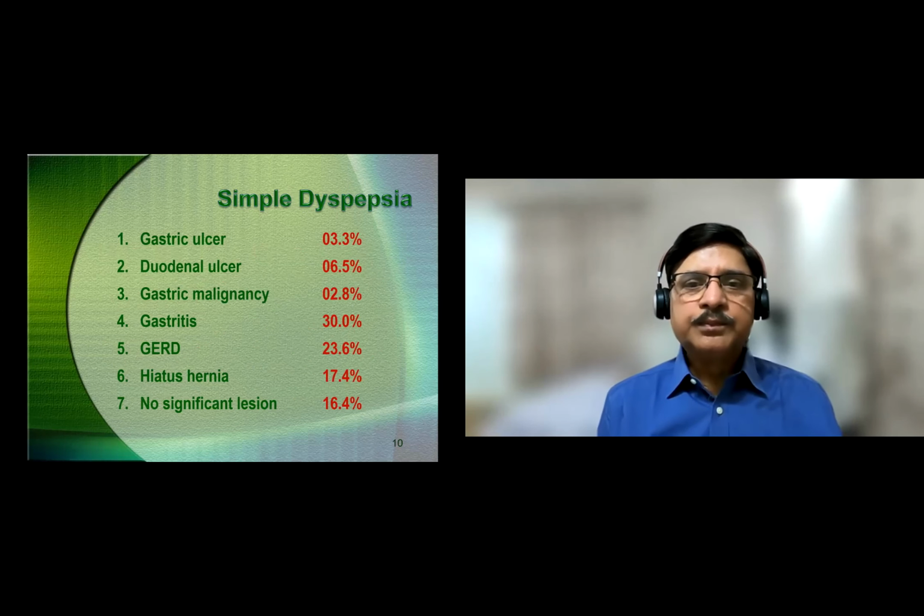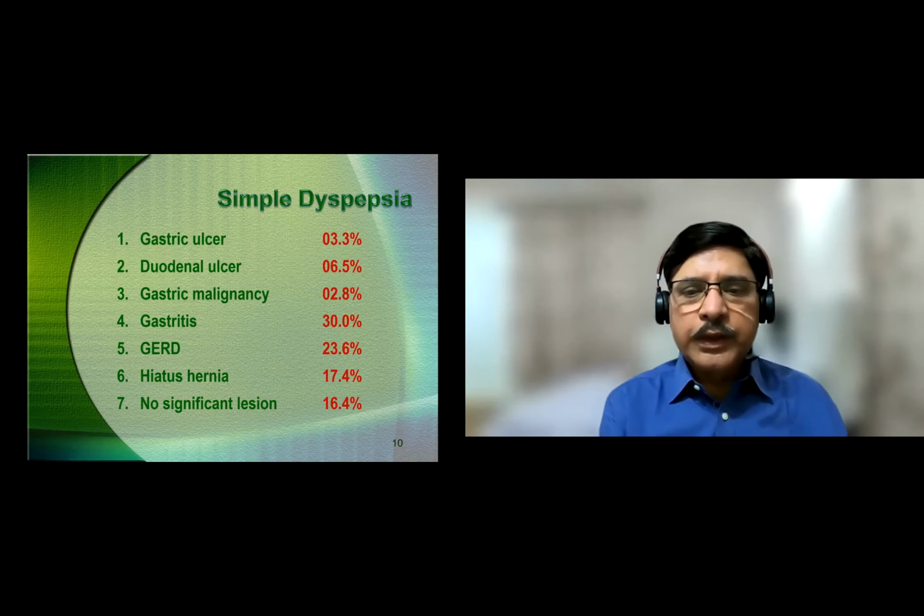Okay. This is based on a large endoscopic study of simple dyspepsia. Look here, 30% are chronic gastritis, another 25% are GERD, 18% are hiatus hernia, and no significant lesion, 16%.